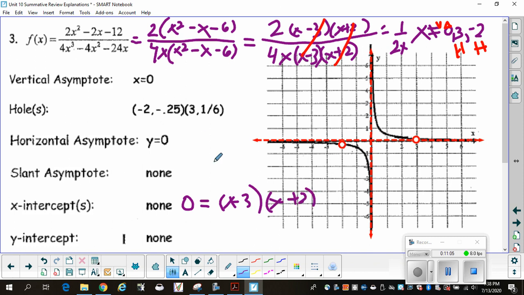I also have the 2 here. Okay, divide everything by 2, so boom, that goes away. But x can't be 3 and x can't be -2 because those are restricted. Therefore, there are no x-intercepts. A y-intercept, x can't equal 0, so I don't have a y-intercept. So we've taken care of all of that. Okay? The only two places where y could equal 0, x is restricted.